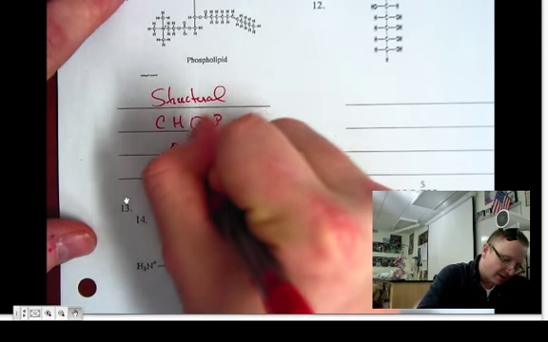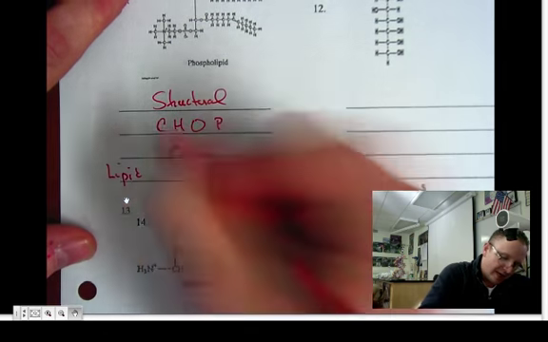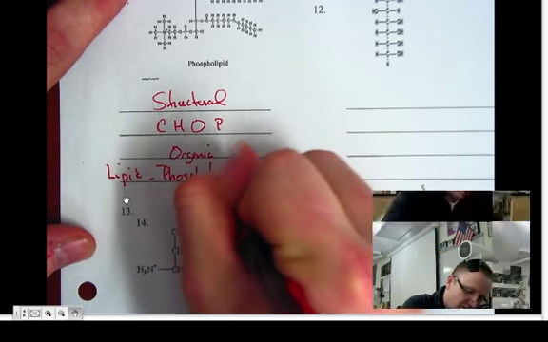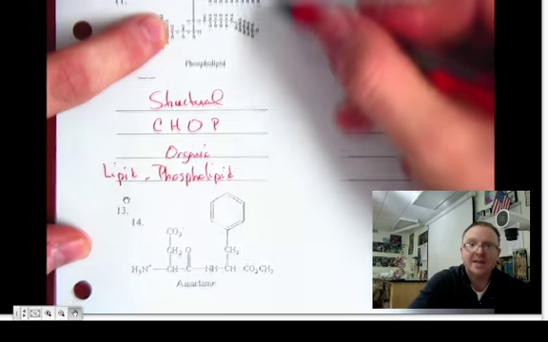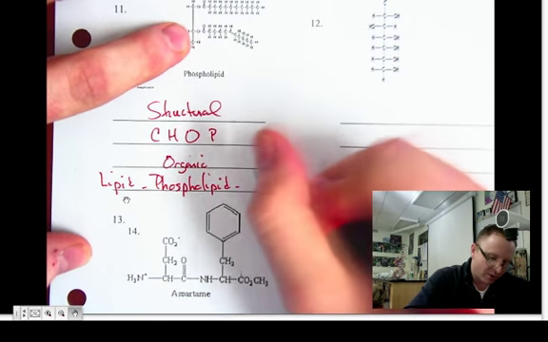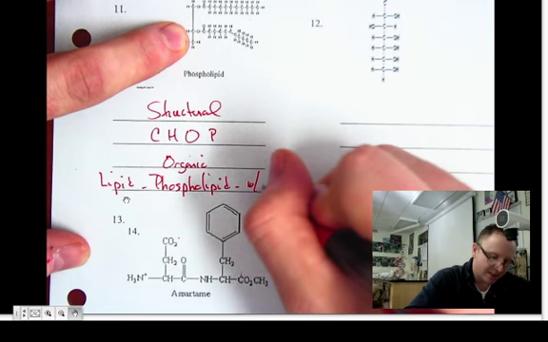This one is organic, and it's a lipid, specifically a phospholipid. And we know that because it contains the phosphate group and it has only 2 fatty acids attached to it. The other thing that we can say here is that at least one of the fatty acids is unsaturated.